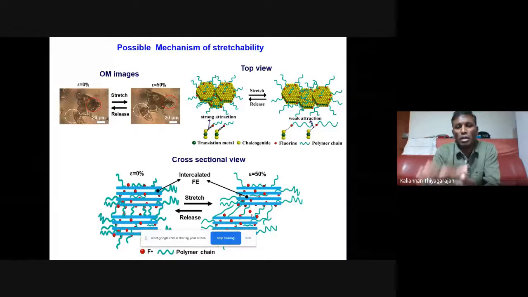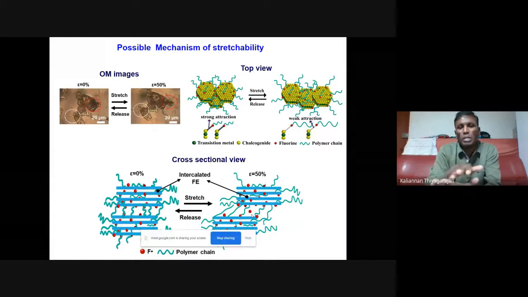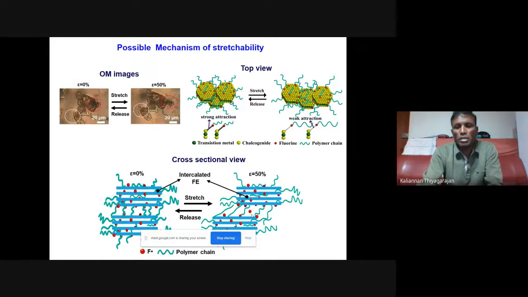They are not allowing the sheets to rotate. So it allows the sheets to slide slightly, not much, and it can come back, pushing back to the original position when you release the strain. So that's why it is useful for this application.